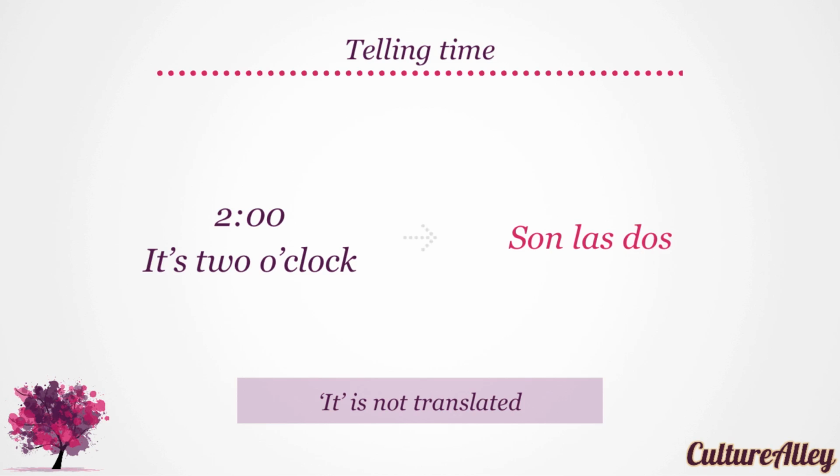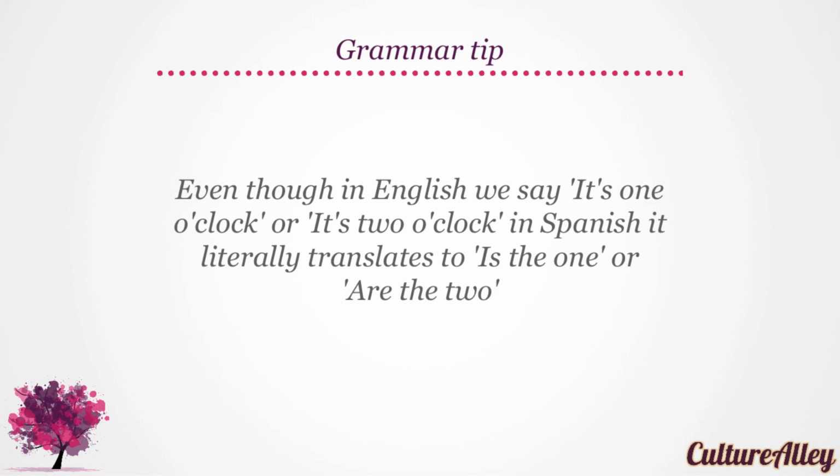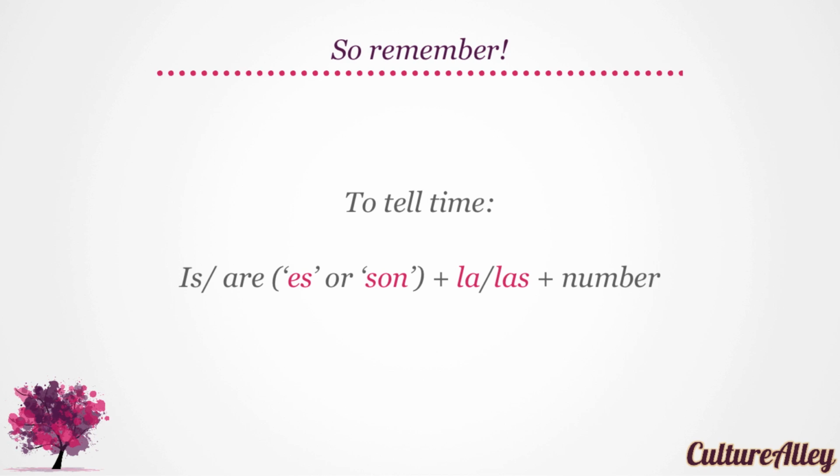Very nice. Note that even though in English we say it's 1 o'clock or it's 2 o'clock, in Spanish it literally translates to is the one or are the two. So remember that to tell time we use es or son plus la or las plus number.